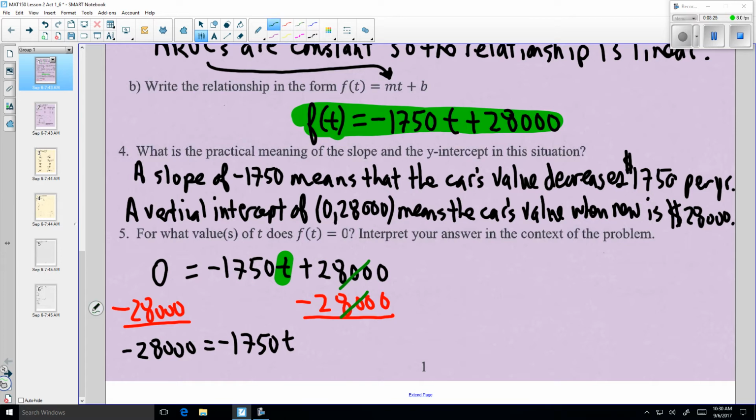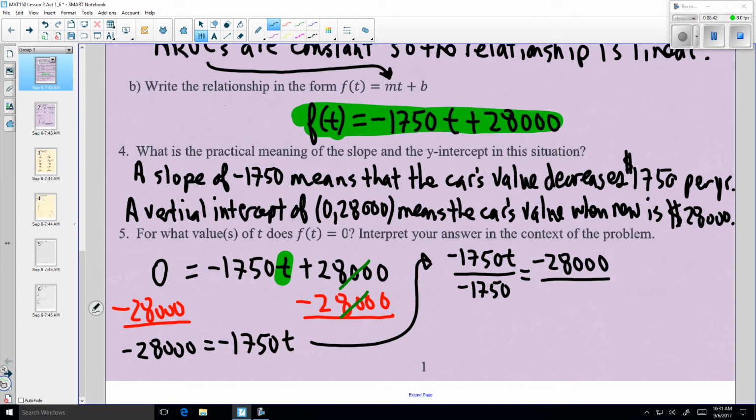So to undo that multiplication, we divide both sides by negative 1750. And a negative divided by a negative is positive, which is important here. So we get a positive 16, and the units for that is years.